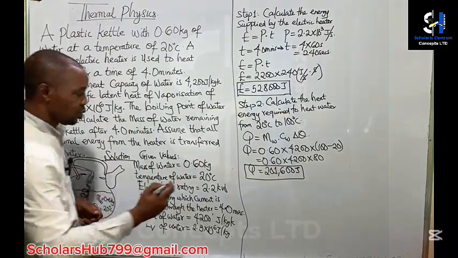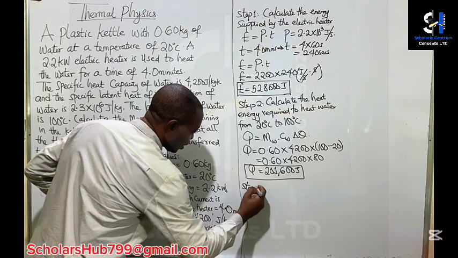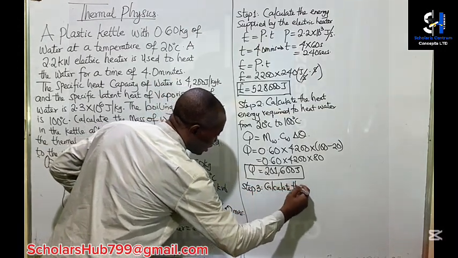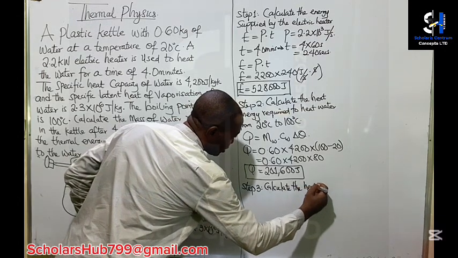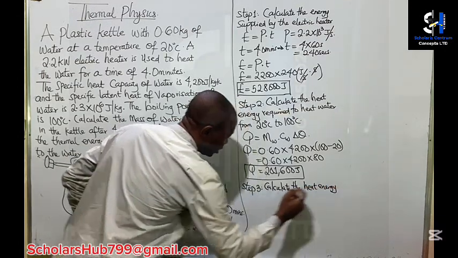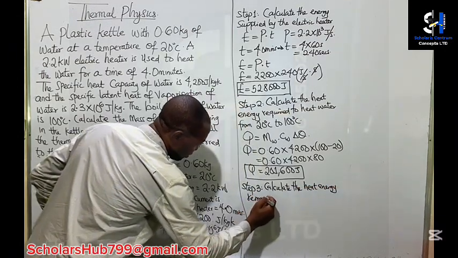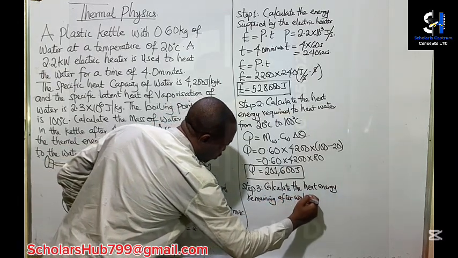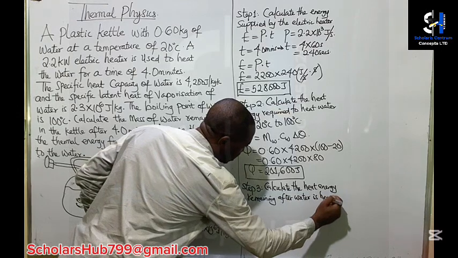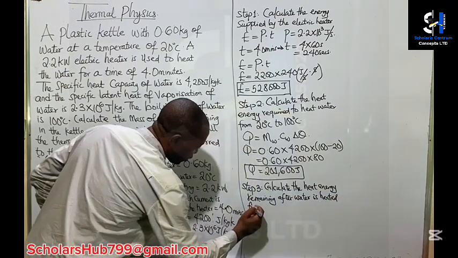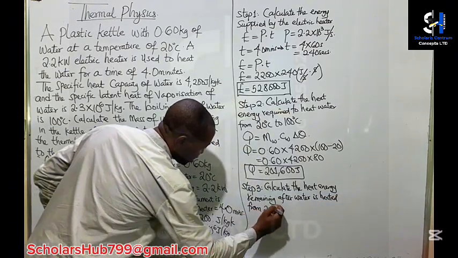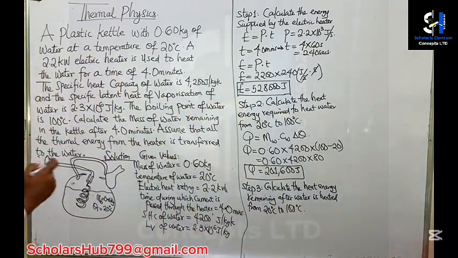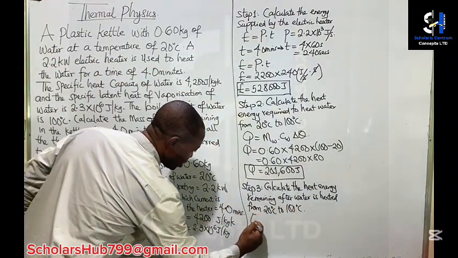So step 3 is to calculate the heat energy remaining after water is heated from 20 degrees Celsius to 100 degrees Celsius. That will be the difference.